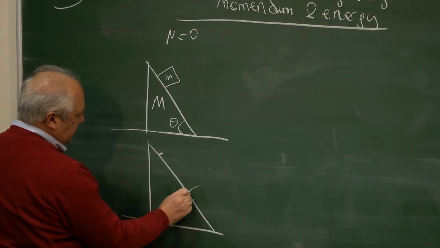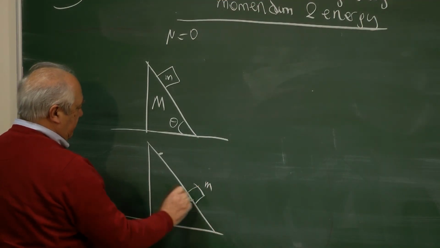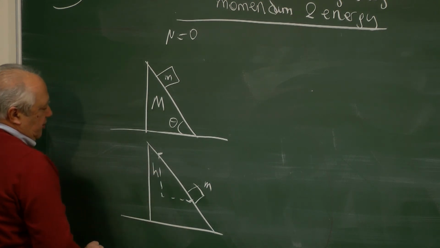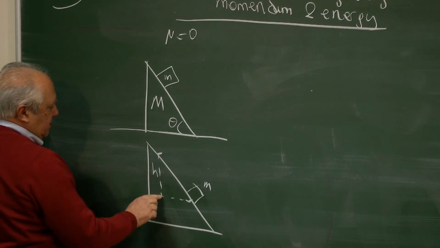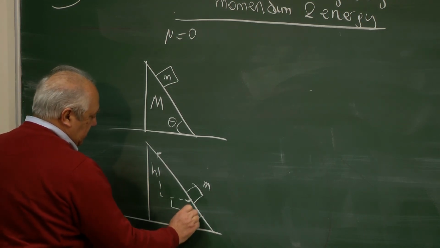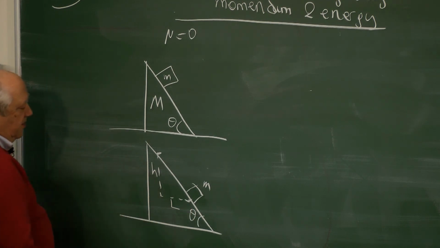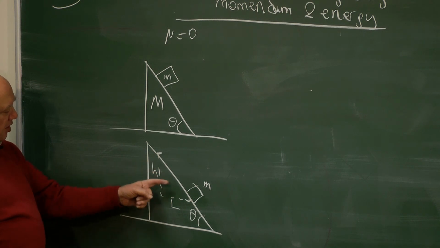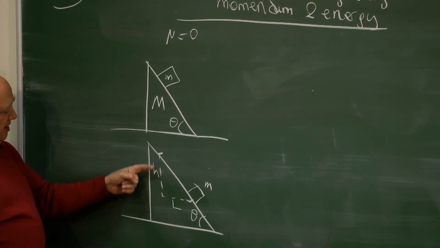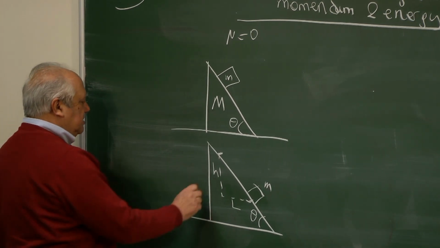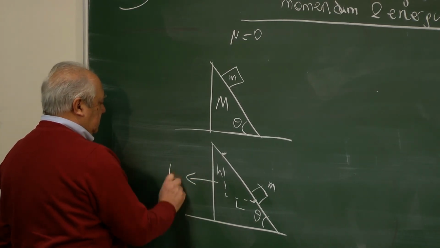It has come down to here, and this vertical distance is h. Horizontally, it moved to the right by L. Theta. So when it has come down on the wedge by a distance h in the vertical direction, what is the speed of the wedge?